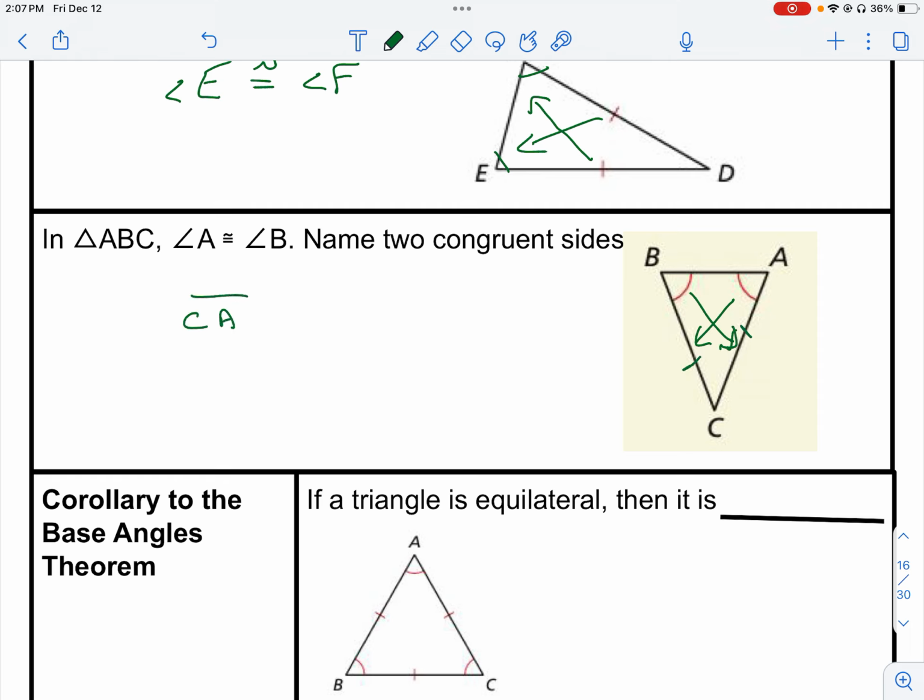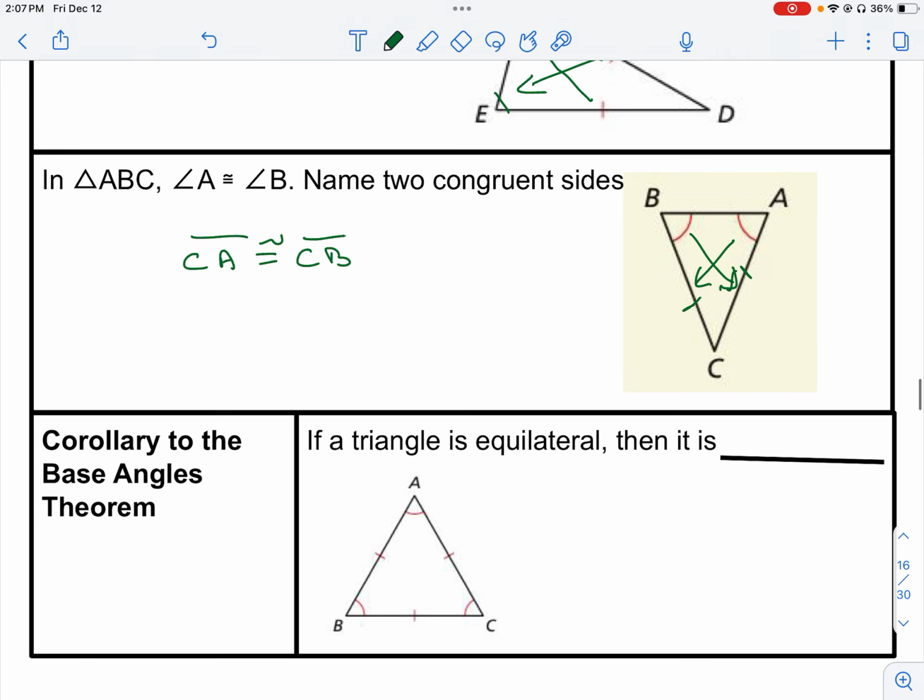And CA is going to be congruent to CB. So it's a very simple formula, very simple premise, but we have to pay attention to what we're doing.